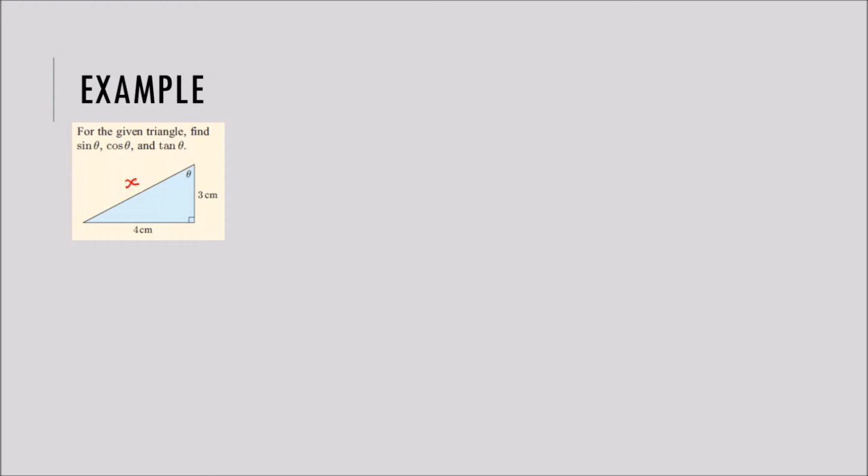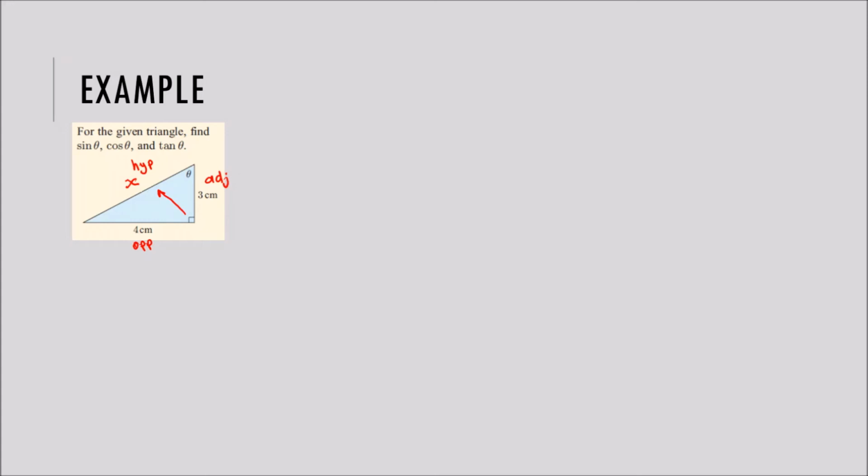You could label it whatever you wanted. If I want to find sine, cos, and tan, the very first thing I need to do is label my sides. First off, the side opposite the right angle is your hypotenuse. The side opposite my theta is going to be my opposite, and then my adjacent is the side just next to it, so I know that this is my adjacent.